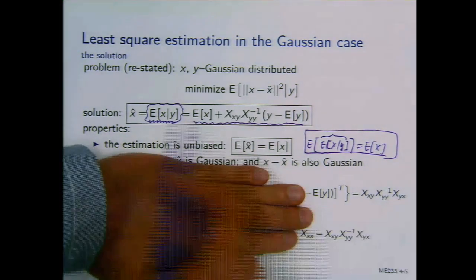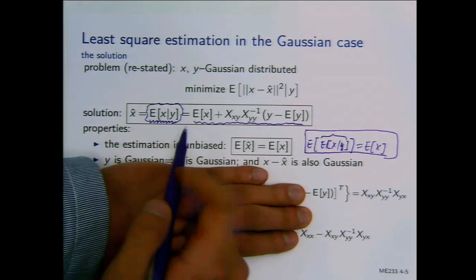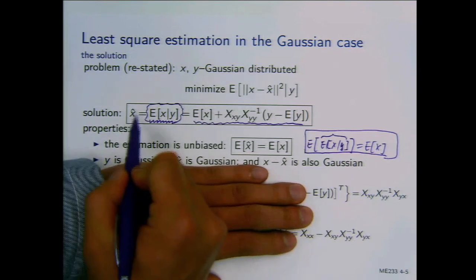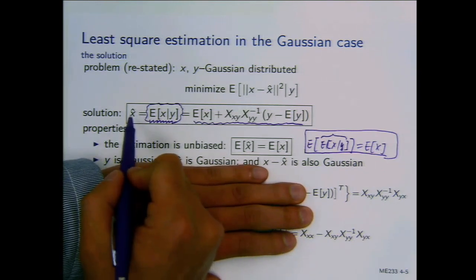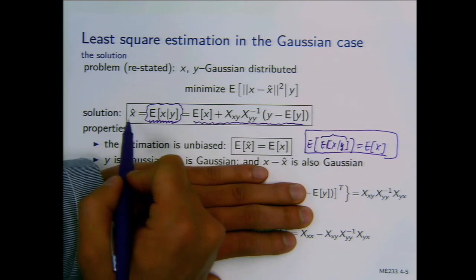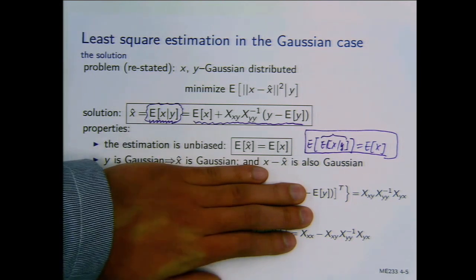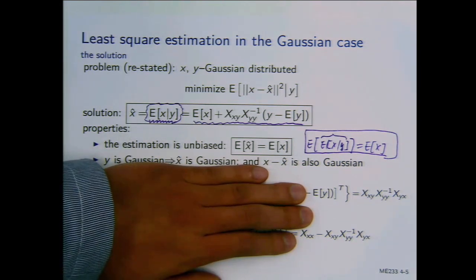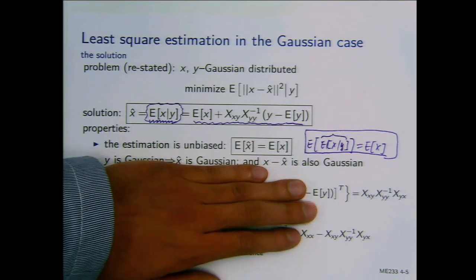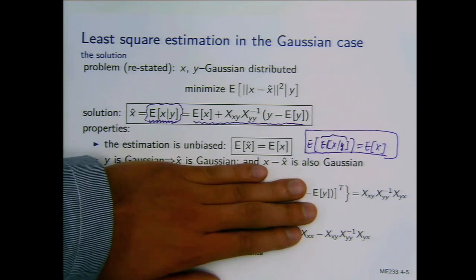The second question I want to ask is, in this case, if x and y are Gaussian, is x hat Gaussian or not? And why? How many of you think it's Gaussian?